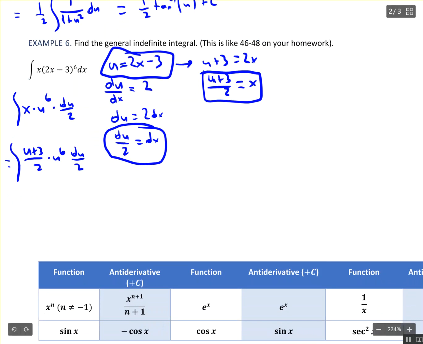It still looks not very pretty, but notice 2 times 2 on the bottom gets me to 4. Let's write that out in front, 1/4. If I write it this way, now all of a sudden it's starting to look a lot better, because I can distribute that guy through and get u to the 7th plus 3u to the 6th.